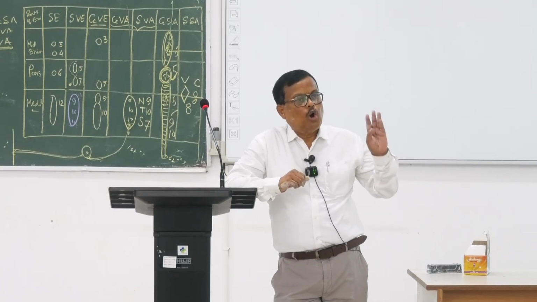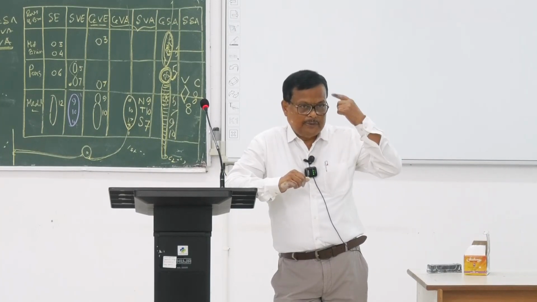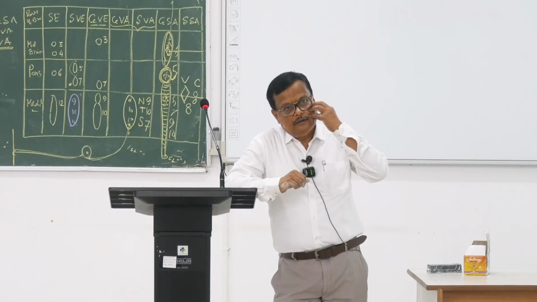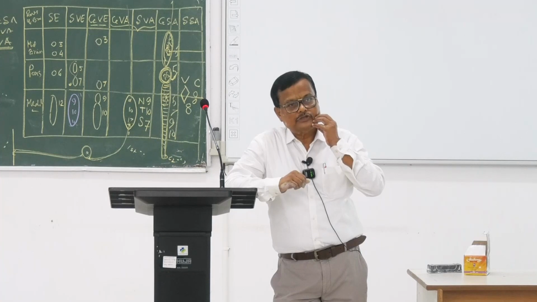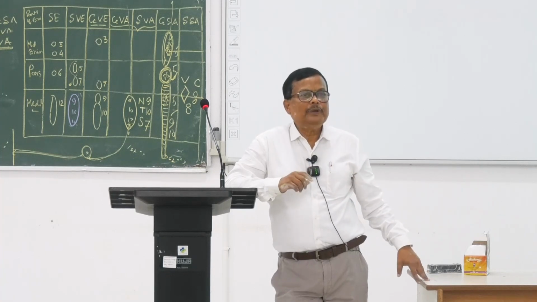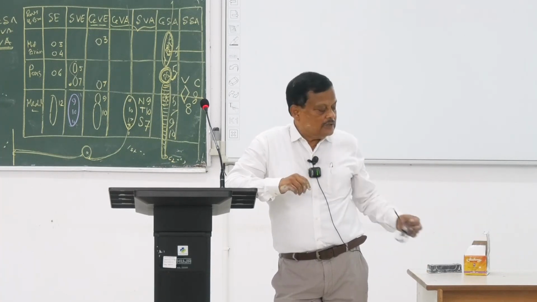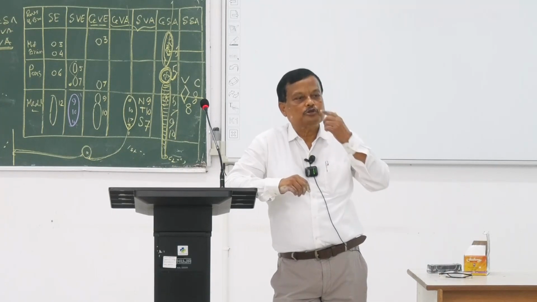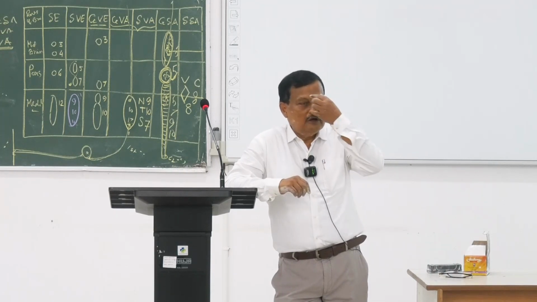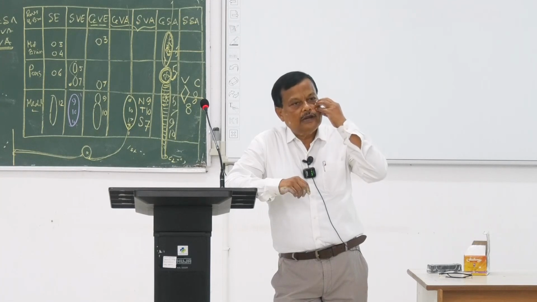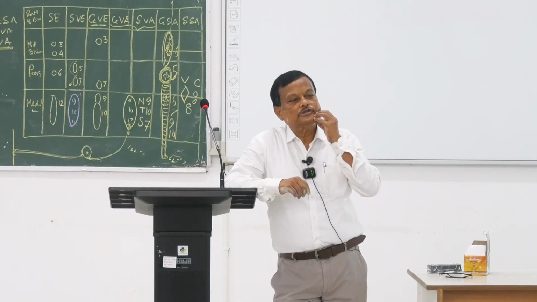3 branches: ophthalmic supplying the orbit, maxillary supplying this, and mandibular supplying this. Actually, developmentally we know that face is developed from 3 processes: frontonasal process, maxillary process and mandibular process.